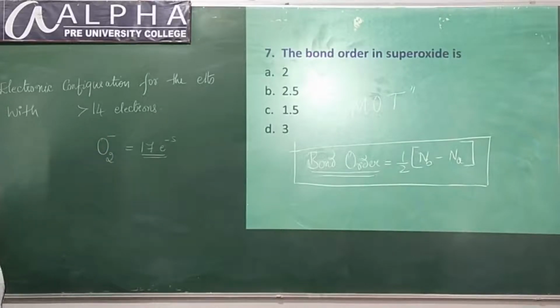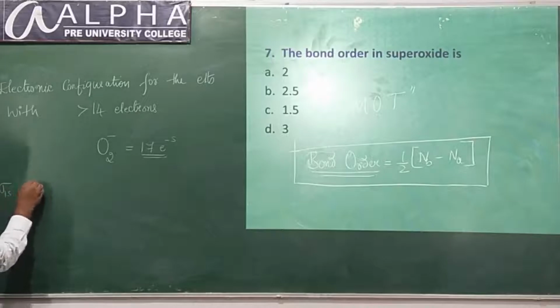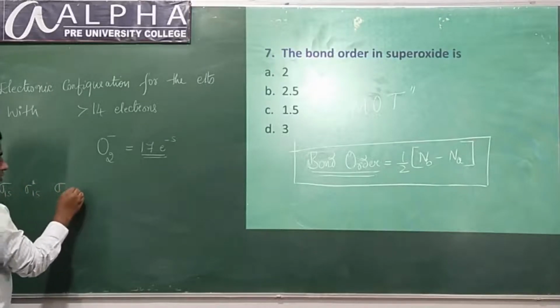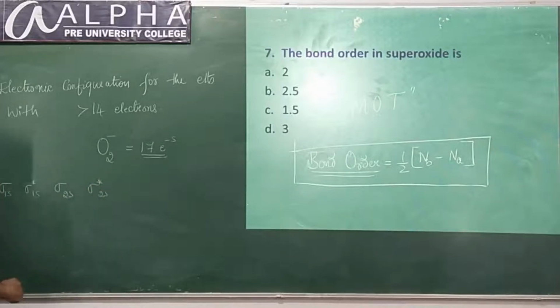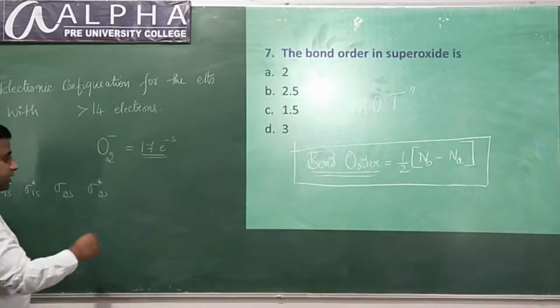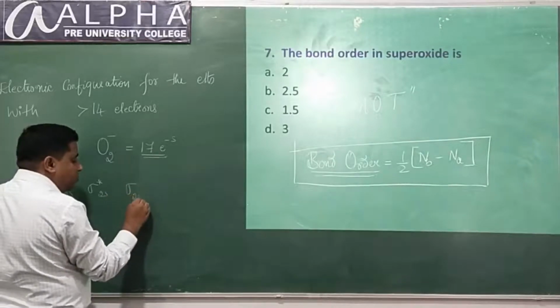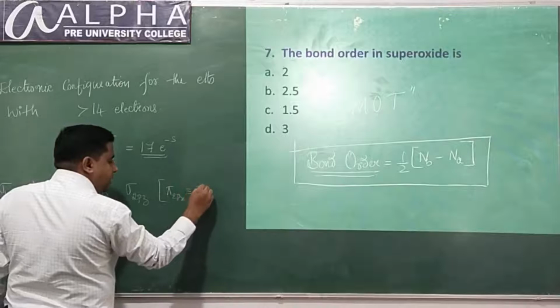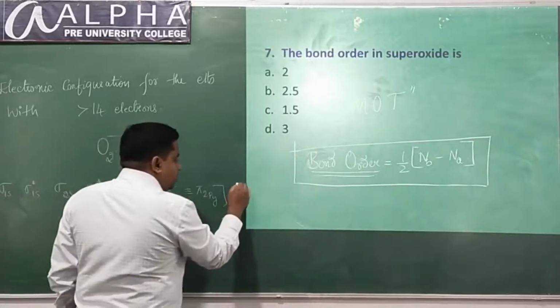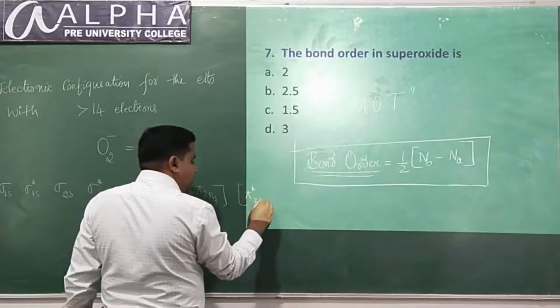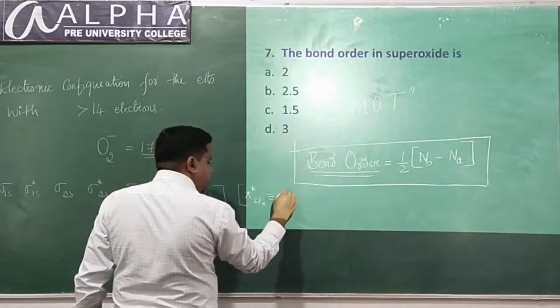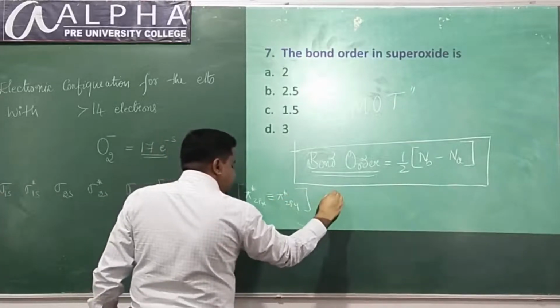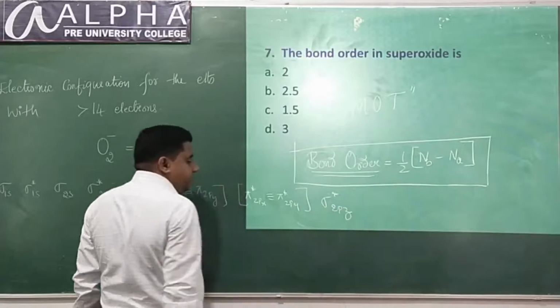So what is that electronic configuration? The electronic configuration is sigma 1s, sigma star 1s, sigma 2s, sigma star 2s, sigma 2pz, and then pi 2px equal to pi 2py, then pi star 2px equal to pi star 2py, and lastly sigma star 2pz.